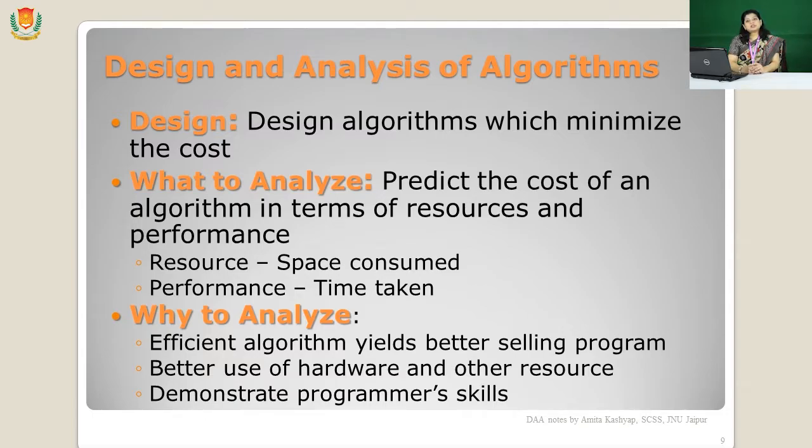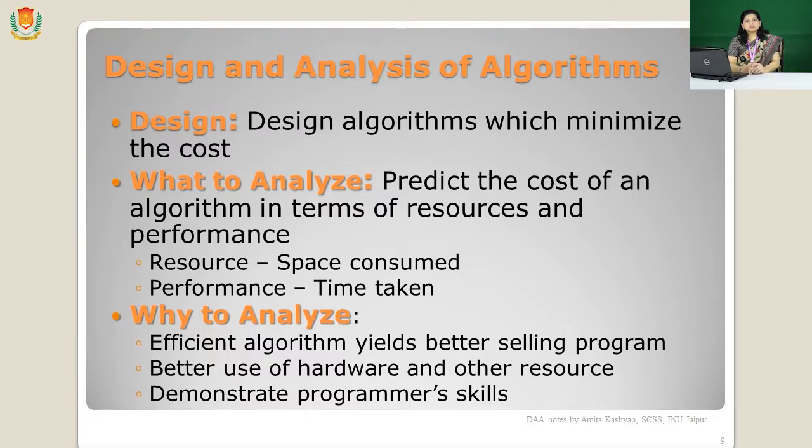Now the question arises in your mind, what to analyze? When you are speaking about wanting to analyze an algorithm, what shall we analyze? We want to predict the cost of the algorithm in terms of the resources it is going to take and the time it is going to take to perform the operation and generate the result.